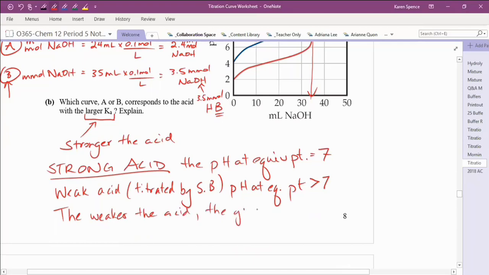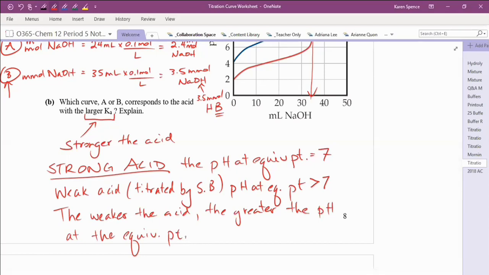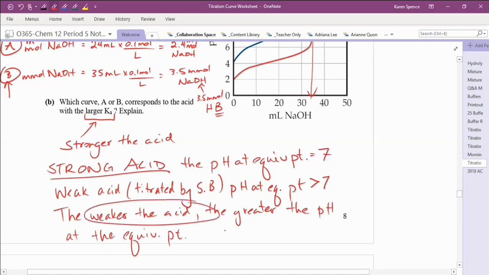And if you have a weaker acid, that means your Ka value is, is it bigger or is it smaller? If you have a weaker acid, the Ka is smaller. So the greater the pH at the equivalence point, the smaller the Ka.